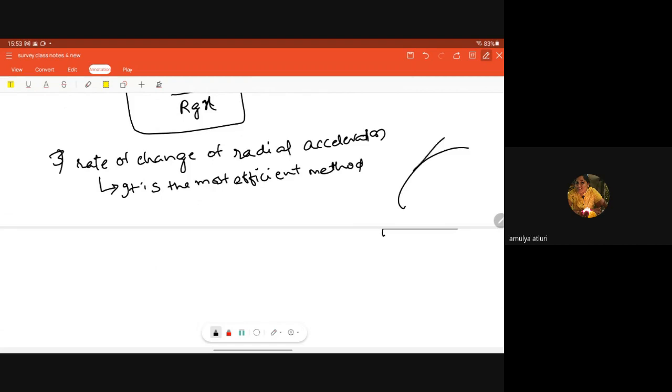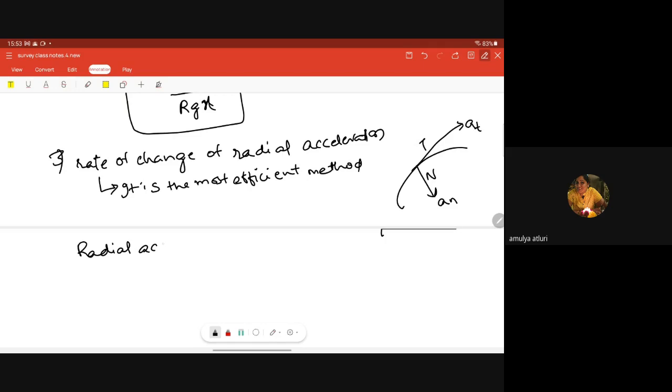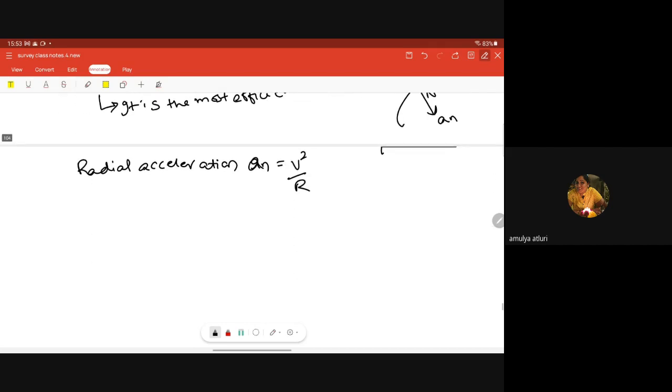Parallel to it is the tangential acceleration. Normal to the curve is the radial, normal acceleration. This is your tangent and this is your normal. So radial acceleration, an is equal to v square by r, right?